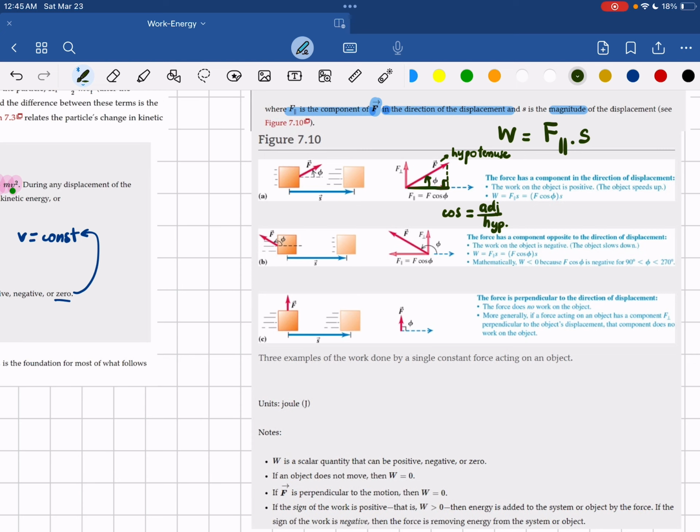The force has a component in the direction of displacement, so the work on the object is positive. The object speeds up.